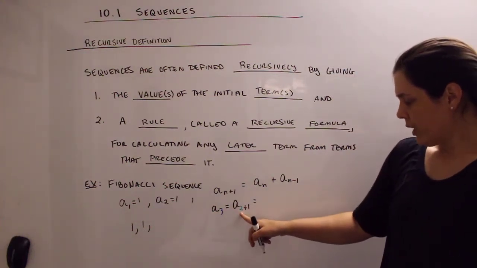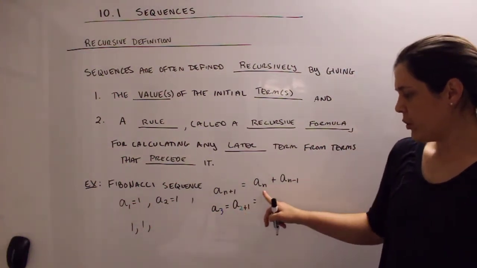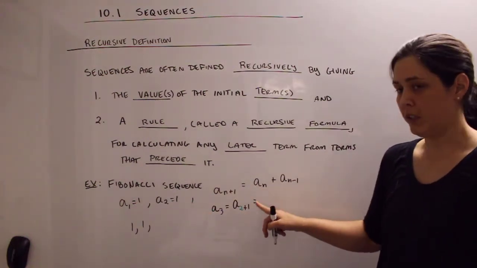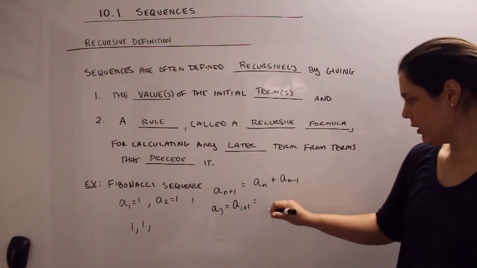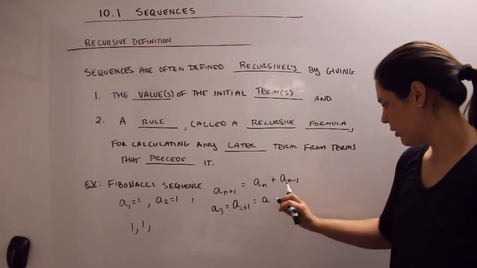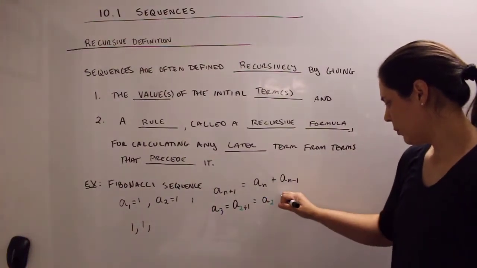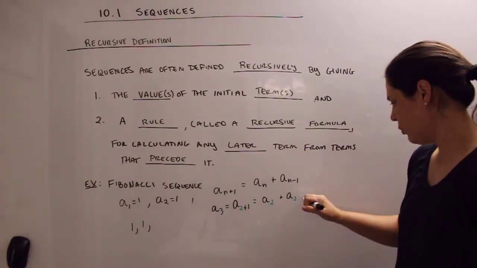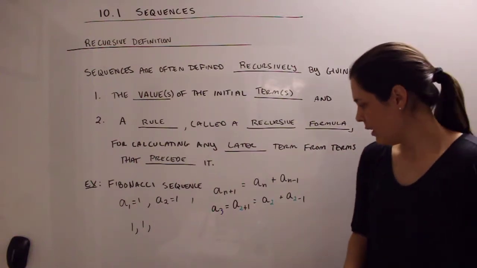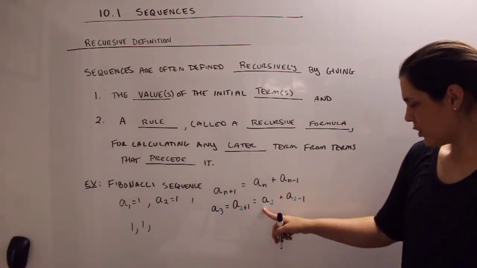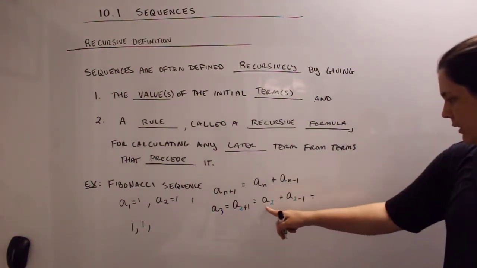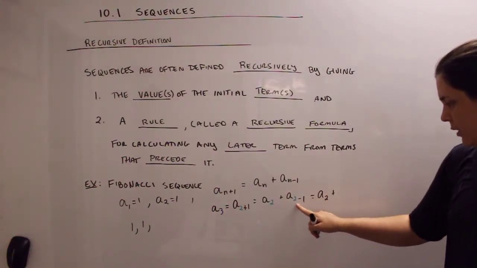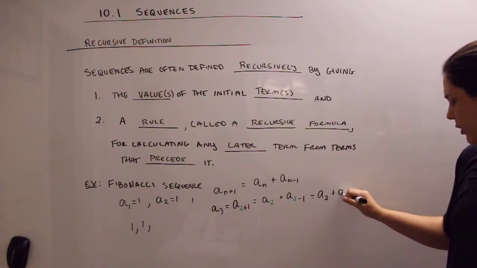So this is letting me know that I'm basing n off of the number 2, because my next term, my third term, is the second term plus 1. Okay, so in my formula here, this is going to be a sub 2 plus a sub 2 minus 1. Okay. So this is saying the second term, let's go one more time, expand this out. The second term, a sub 2, plus, this is a 1 down here, the first term.